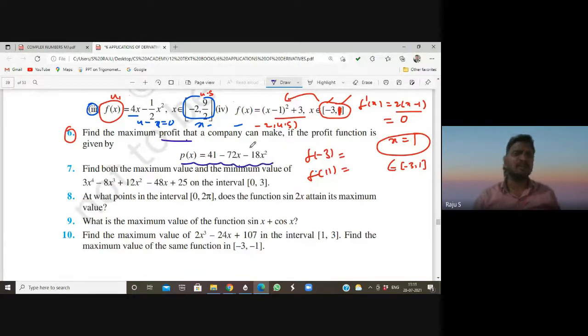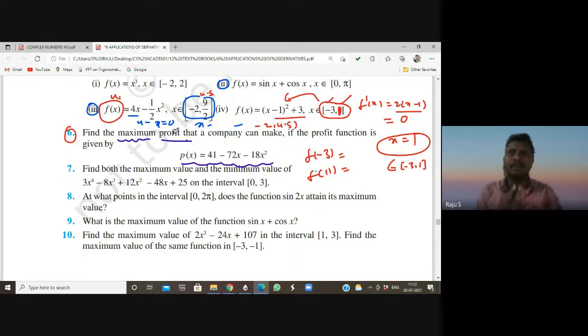Here also we proceed with the same procedure, but they are directly asking for the maximum profit value. First of all, we have to prove that the company is making a profit. So what shall we do here? Take P of x.